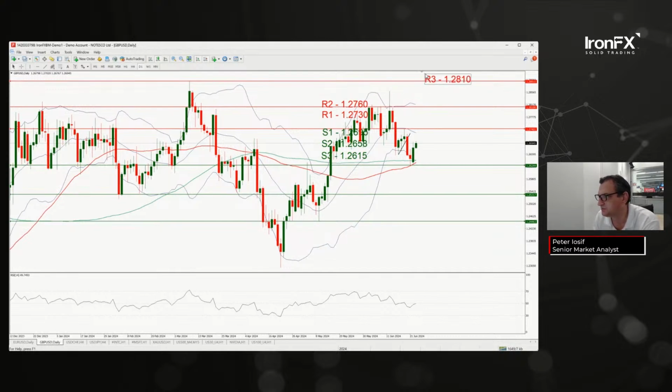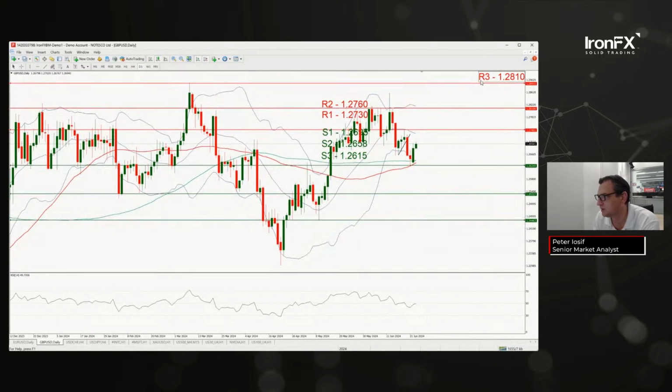Let's place some labels. Starting with the 1.2890, which is now the R3. The R2 at 1.2810. The R1 at 1.2740.